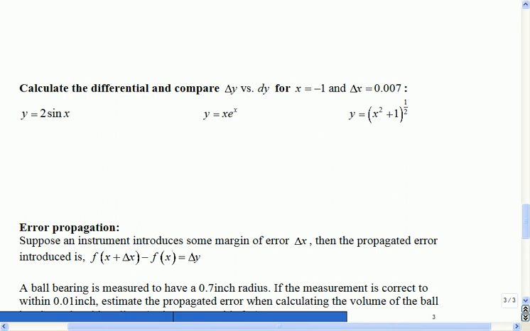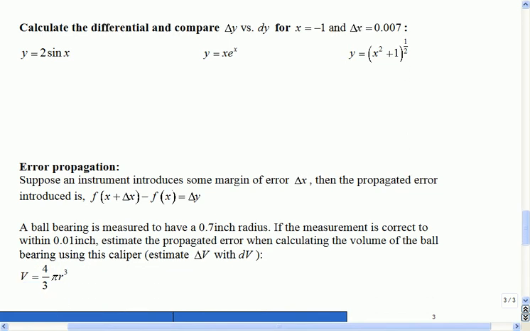So I'll do the first one with you, which is y equals sine 2x. So that means the derivative here, dy/dx, would be 2 cos x. So the differential would be 2 cos x times dx.